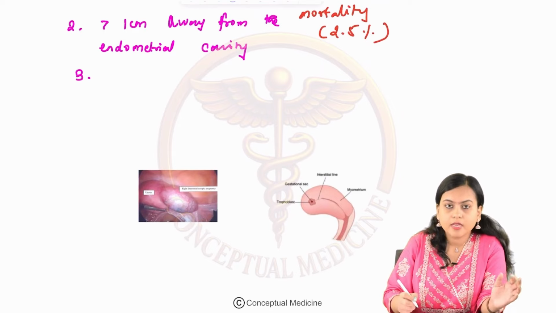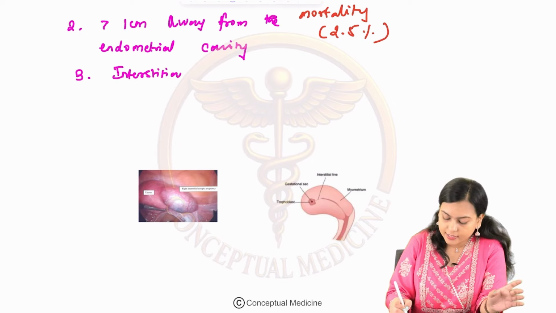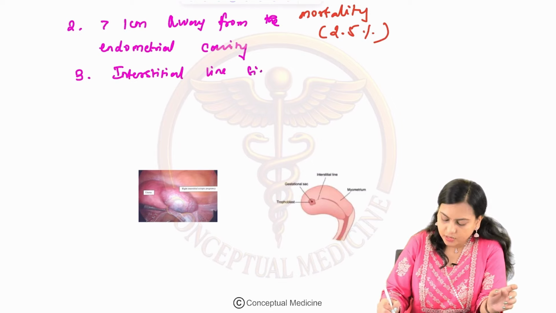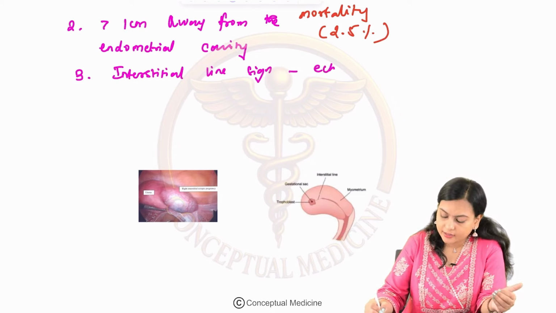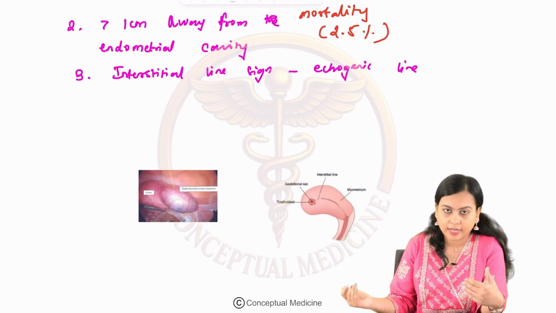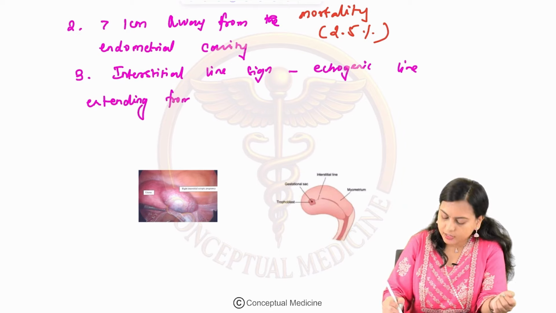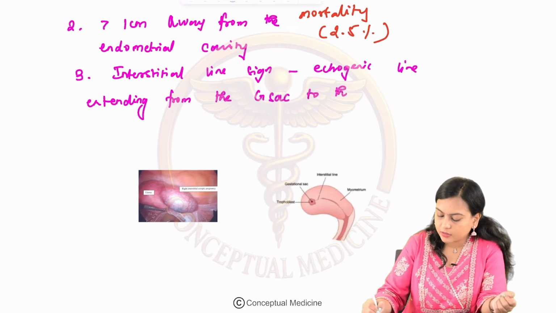You will also be able to see a sign called the interstitial line sign, which is an echogenic line that is extending from the G-sac to the uterine cavity.